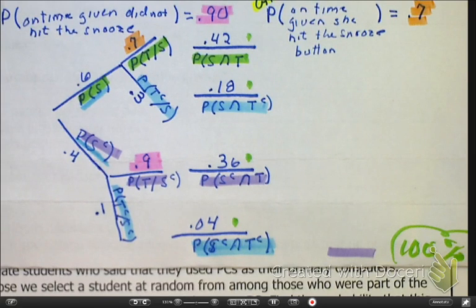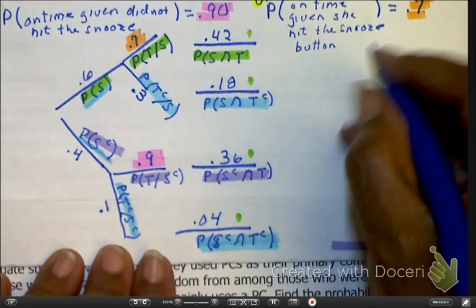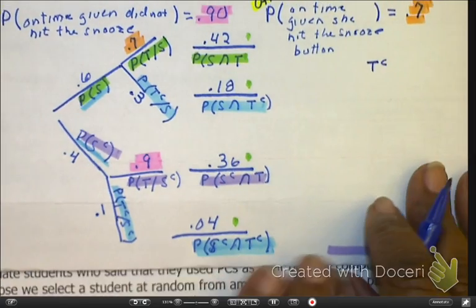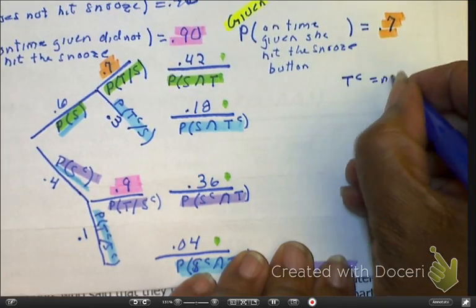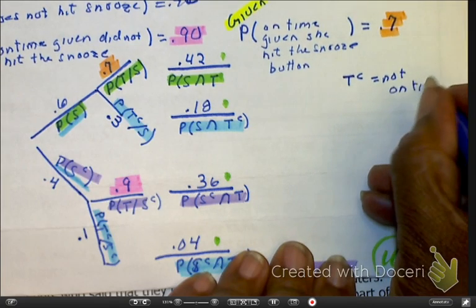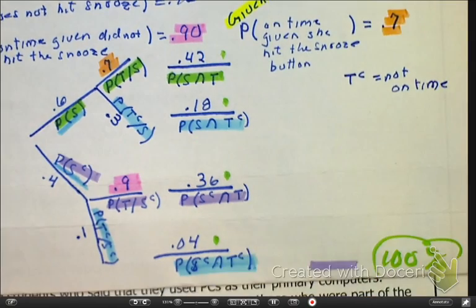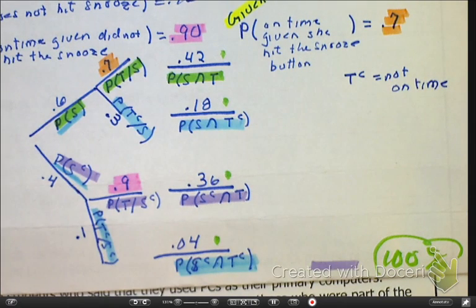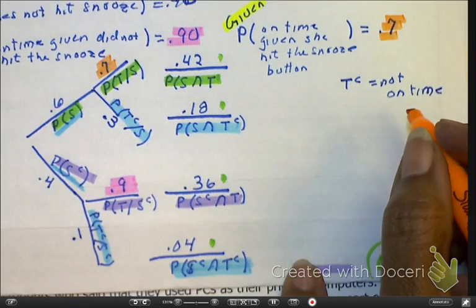So the question is, on a random day, what is the probability that she's late? Well, here, remember, T sub C is not on time. So I've got to look everywhere she's not on time. And I'm out of colors, people. But I think I'll just go with the little squiggle.